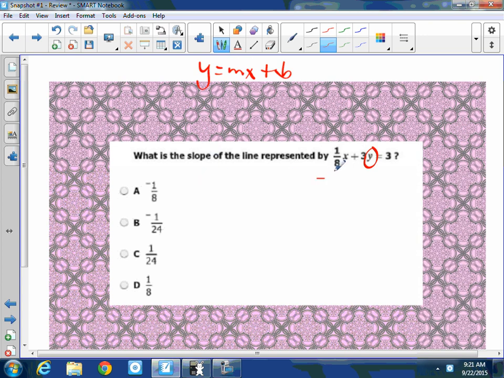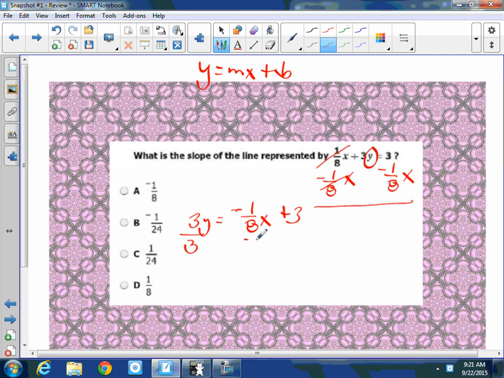So minus 1/8x on both sides. That's 0. So now I get 3y equals negative 1/8x plus 3. Now I have to divide by 3.